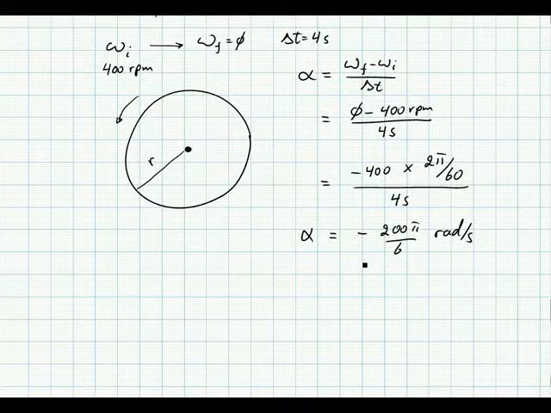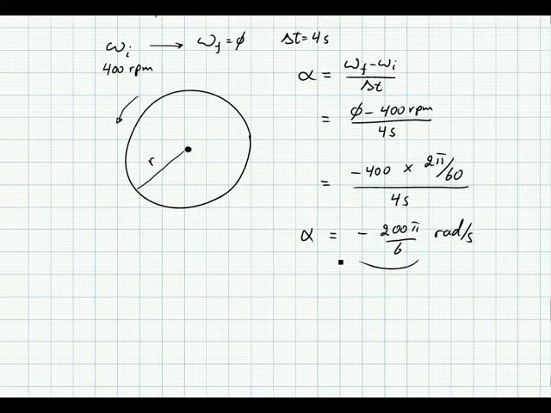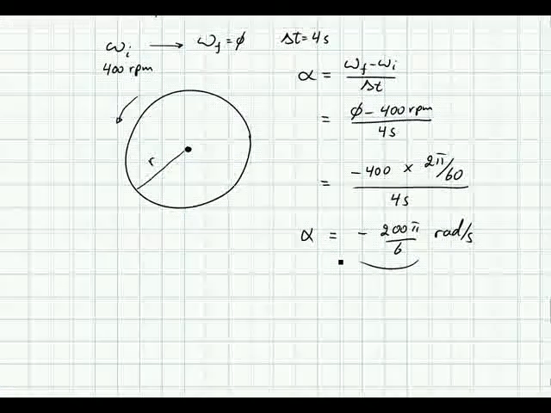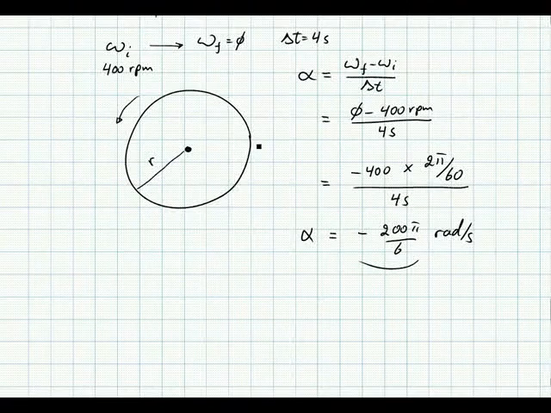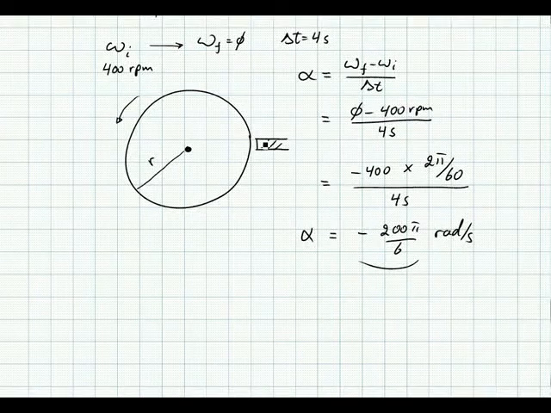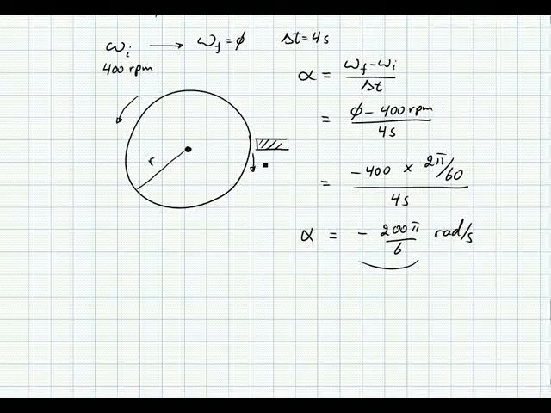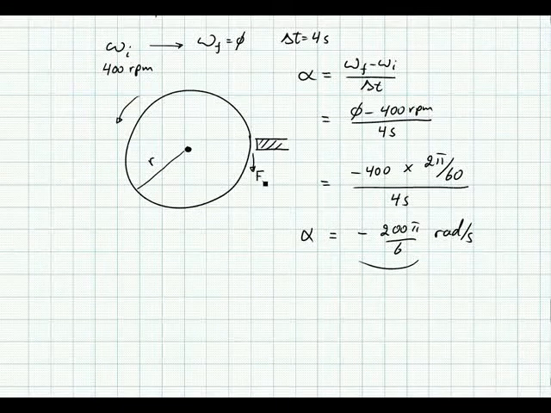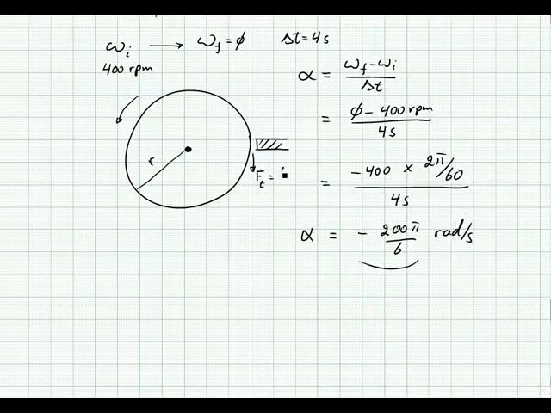Your alpha has a negative value, which makes sense because we are trying to bring a positive angular velocity down to 0. And if the question were how much friction force does one need to apply, so let's call this tangential force, which is our kinetic friction force.